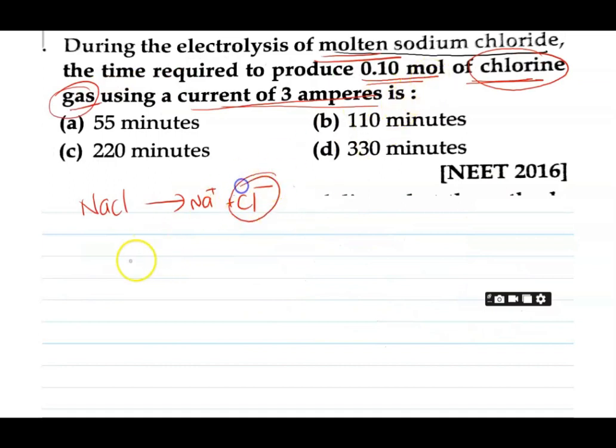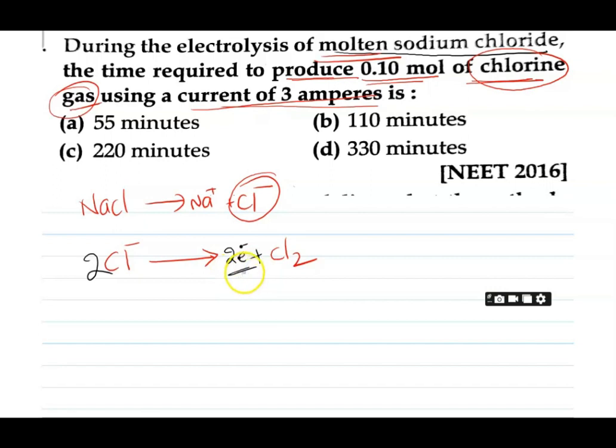To liberate chlorine, the Cl minus should be converted to chlorine. Cl minus is converted to chlorine by loss of electrons, because 2 Cl minus, by loss of 2 electrons, convert into chlorine.